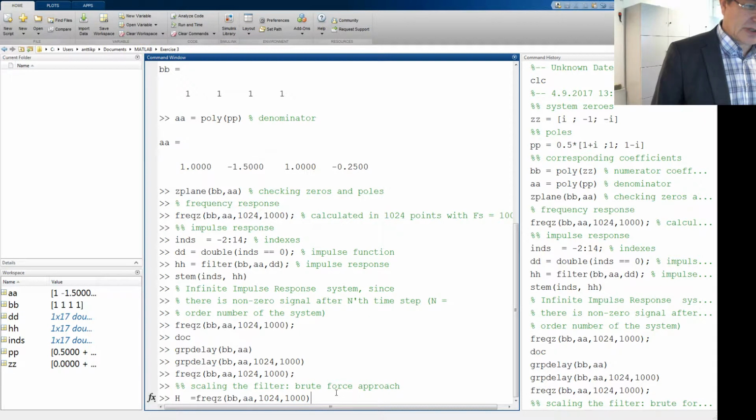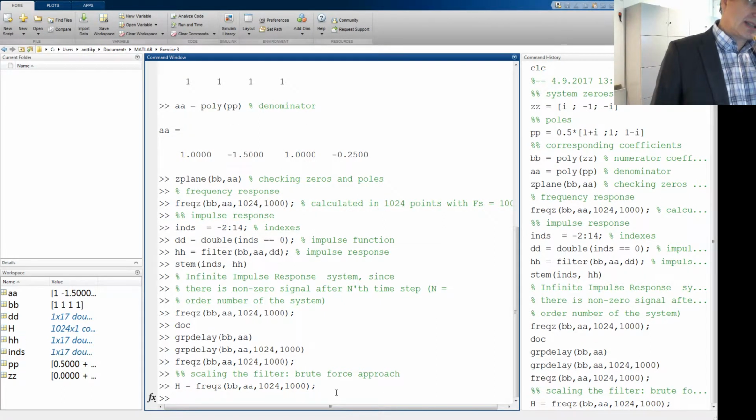This is the brute force approach. I will calculate the frequency response. If you put a variable where to save the frequency response, it just does the calculations, and it gave me a 1024 by 1 complex vector here. That's my frequency response, just a graph in complex numbers.